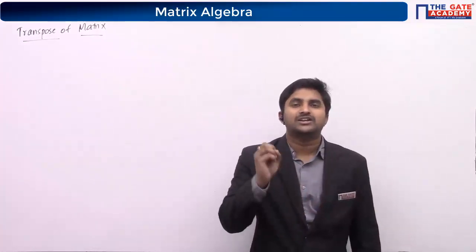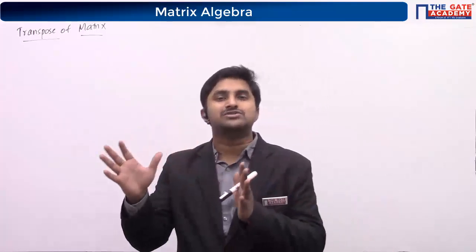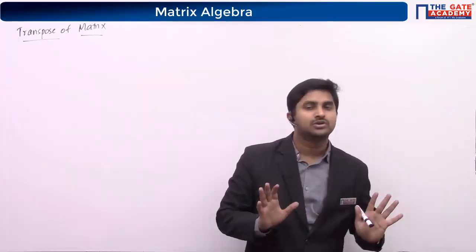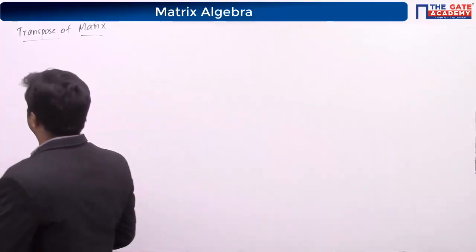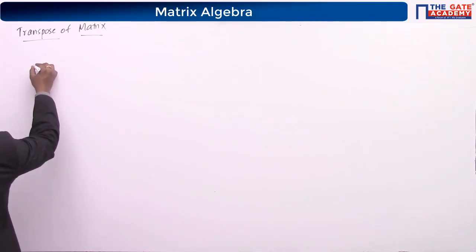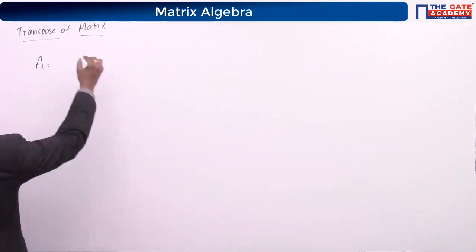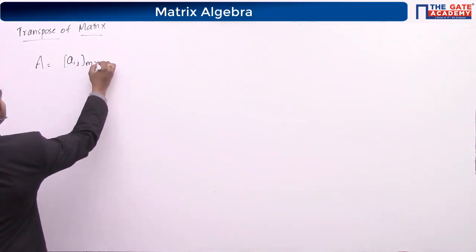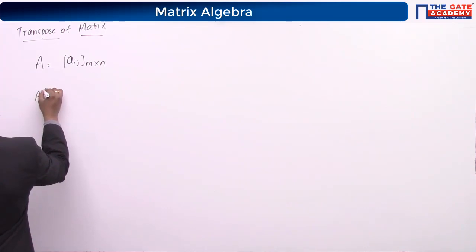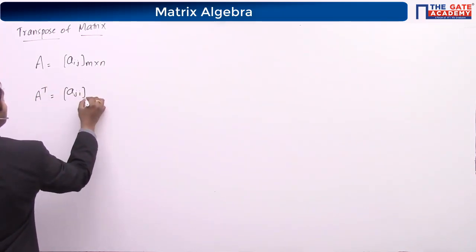Simply, what the transpose does is that it tries to convert the rows into columns and columns into rows. That is nothing but transpose. For example, if I take the matrix A, which is A suffix ij, m cross n, then A transpose is going to be equal to A suffix ji, n cross m.